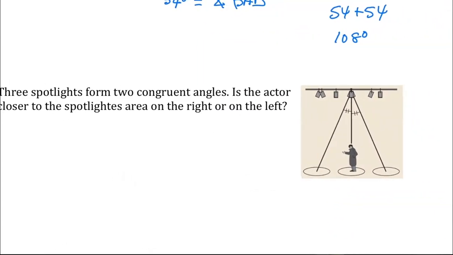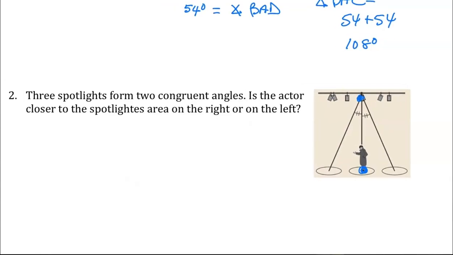Okay, 3 spotlights form 2 congruent angles. So I have 3 spotlights. Here are the angles. That means that this is on an angle bisector. Is the actor closer to the spotlight's area on the right or on the left?